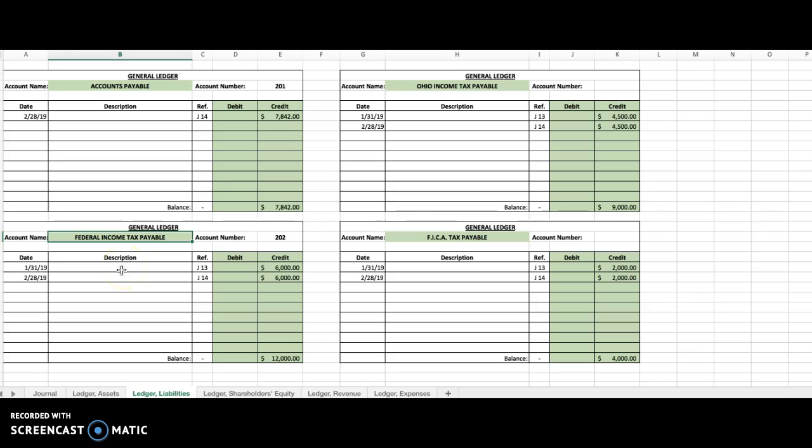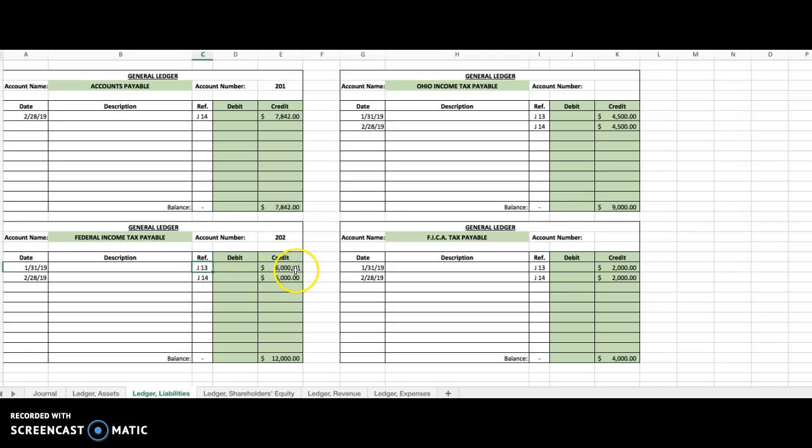Now I want to show you what's in this already. At the end of January, as I said, we had a payroll. We had that payroll entry. And if it had been journalized and then posted, we would see something like this. The date, January 31. The reference would be journal page 13.